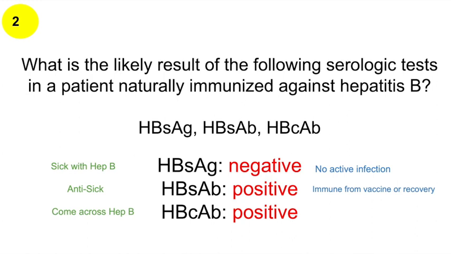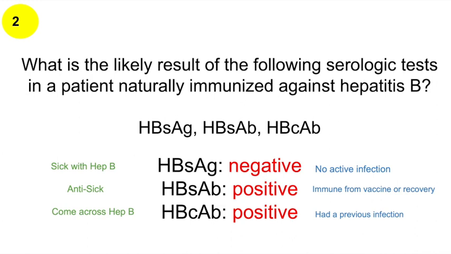So in a patient that is naturally immunized against hepatitis B, you would see positive hepatitis B surface antibodies, meaning that they're anti-sick, so they have some sort of immunity going on. And the hepatitis B core antibody would also be positive because that's referring to the previous infection that they had that made them naturally immunized right now.